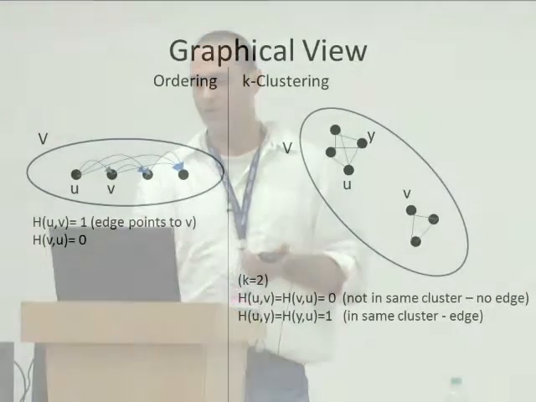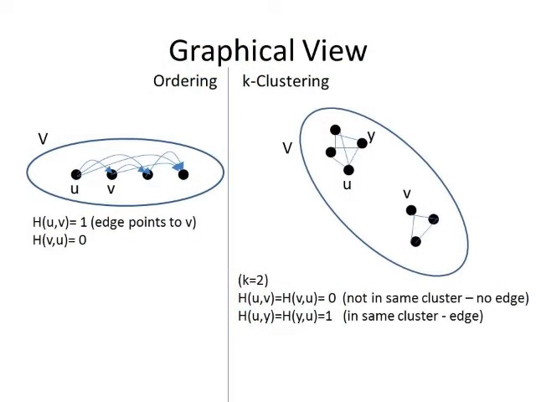Now, if you think of this as learning some kind of graphical object, then in the ordering case, if this is the set V, you're trying to learn a tournament, or a complete directed graph over the set, where H_UV equals 1 if the edge points from U to V and 0 otherwise.